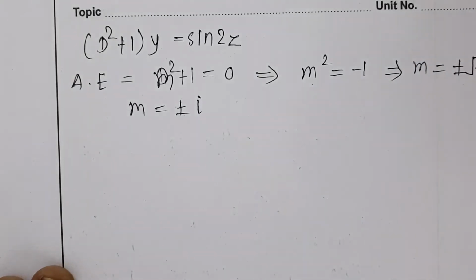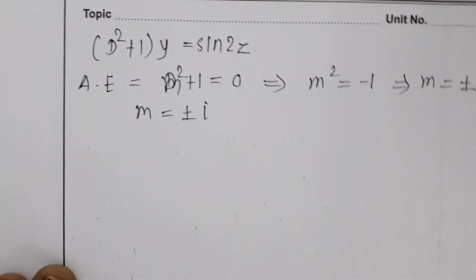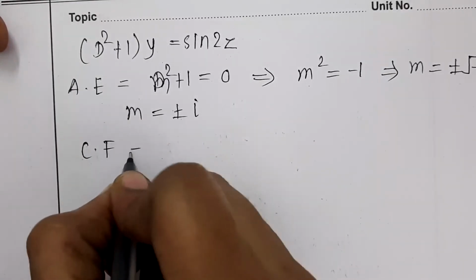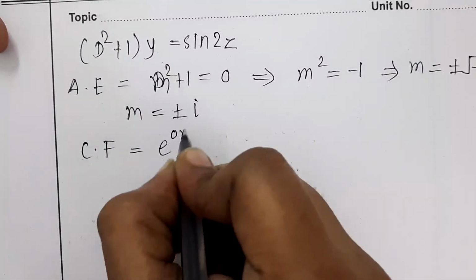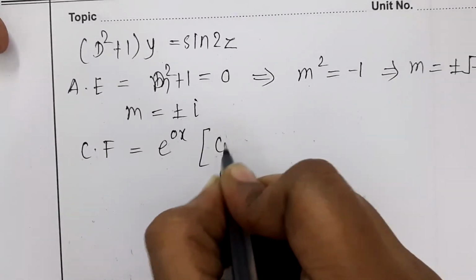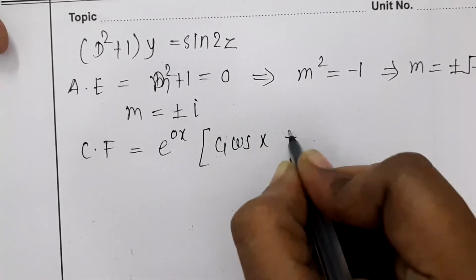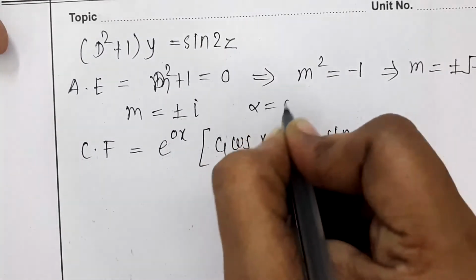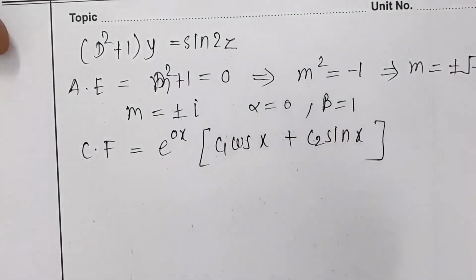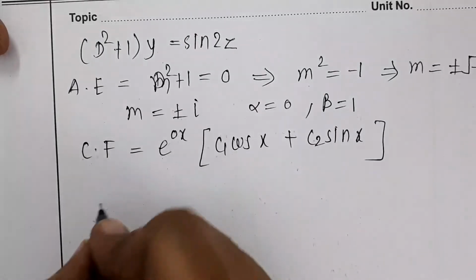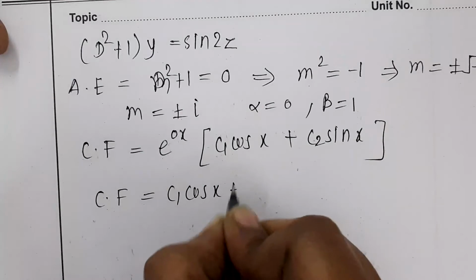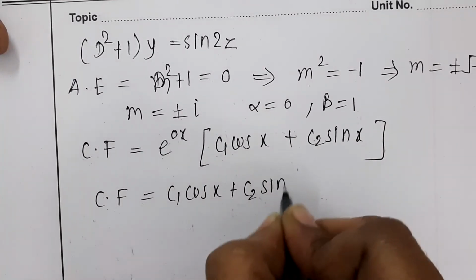If m is equal to plus minus i, how do we write the CF? CF can be written as e to the power alpha x, which is 0x, c1 cos x plus c2 sin x, because here the alpha value is 0 and the beta value is 1. So the CF is c1 cos x plus c2 sin x.